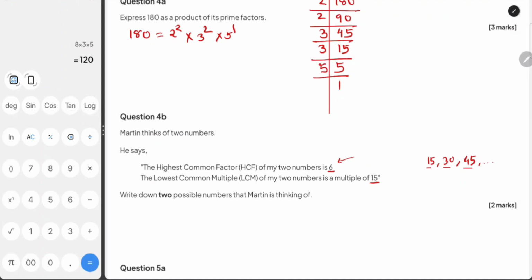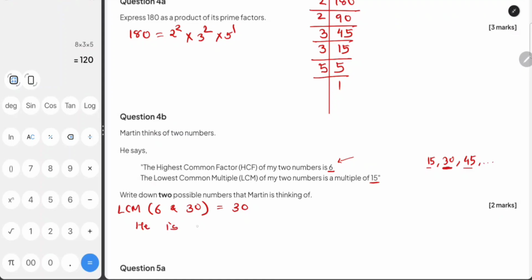So by trial and error, I got to know that the LCM of, let's say, 12, no, let's take 6 only. It will be easier for us. 6 and 30. If I take the LCM of 6 and 30, I'll get 30. Yeah, right. And it is possible that LCM must be a multiple of 15. So 30 is possible.